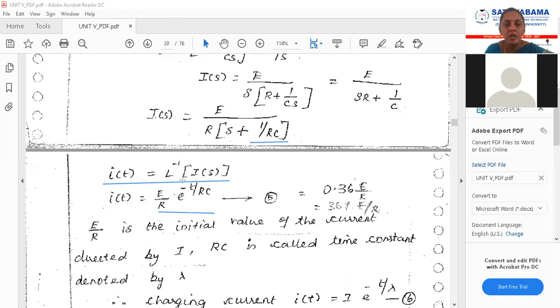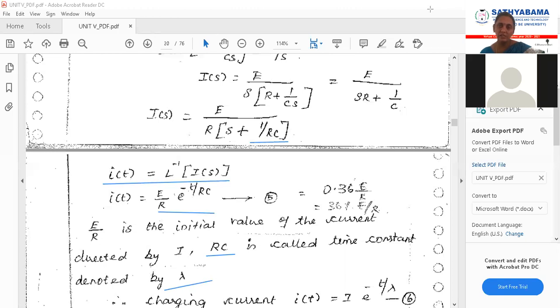Putting different values of t equal to RC, you will get the value as 0.36 into E by R, or you can write it as 0.36 into I. Now what is the time constant here? The time constant here is RC. In the RL circuit it is L by R; here it is the product of R into C, and it is represented by lambda.